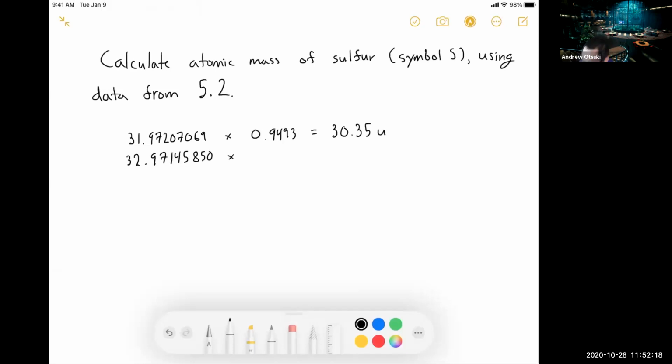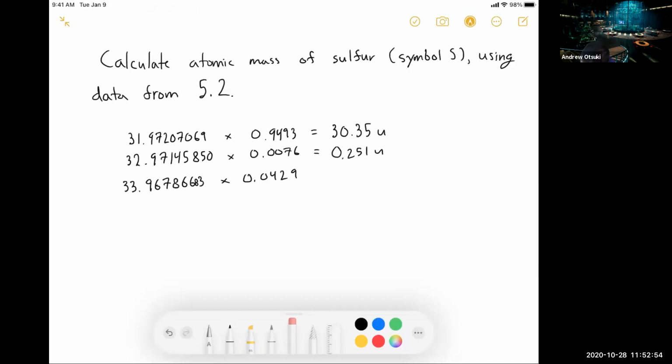Okay, times 0.0076, which gives 0.251 atomic mass units. All right, we keep going here. 33.967 times 0.0429.